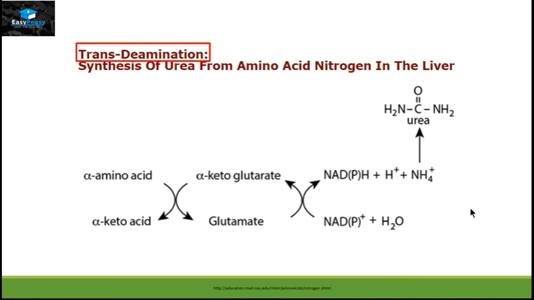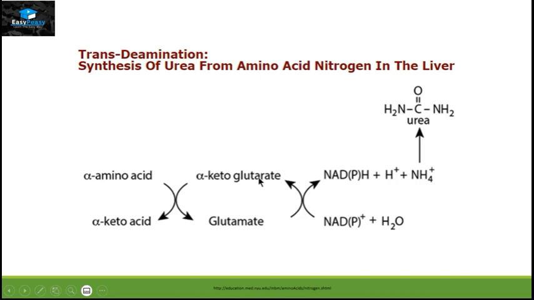You can see the amino acid and alpha ketoglutarate reacting together: once they come together, the amino acid forms an alpha keto acid, and the ketoglutarate is converted to glutamate.